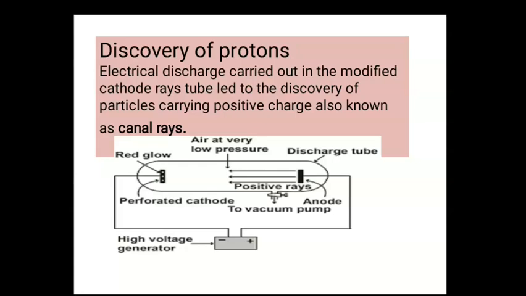These ions originated in between cathode and anode, and they started moving towards the cathode. They were not generated at the anode. They were generated in between cathode and anode, and they started moving towards the cathode. That's why these radiations are called anode rays.